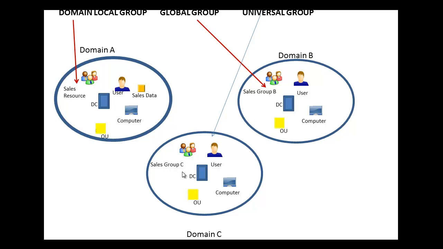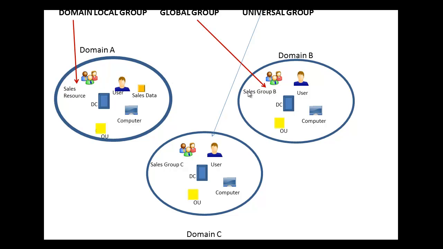In domain C, you can also create a global security group and place those sales users in that group. In order for any of these two groups, the groups in B and C, to access that data which resides in domain A, what you will have to do is to add the global groups to the sales resource group.